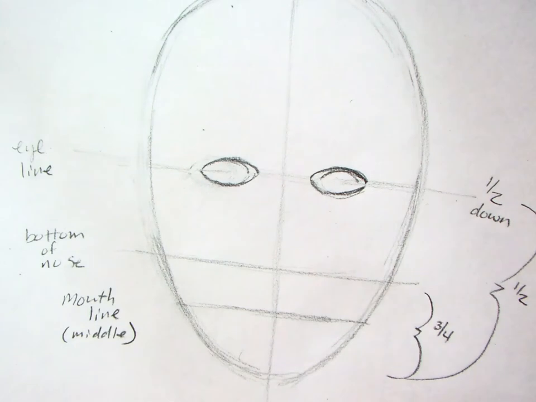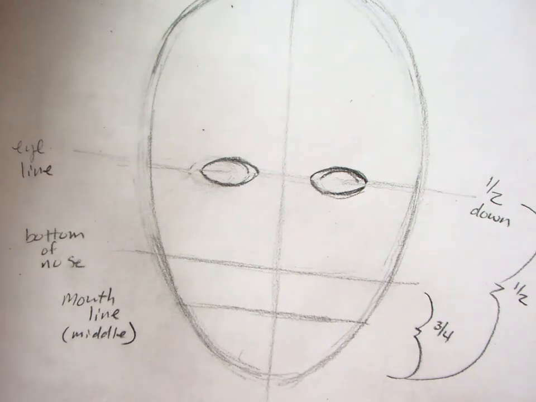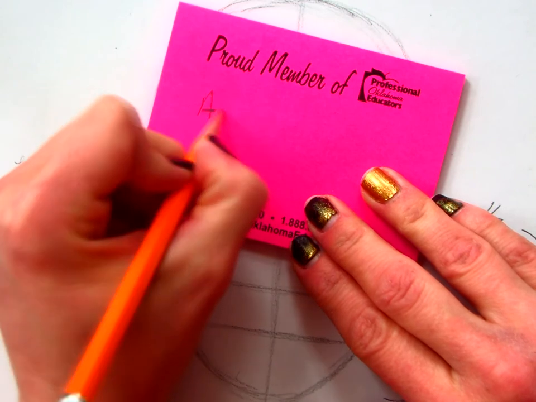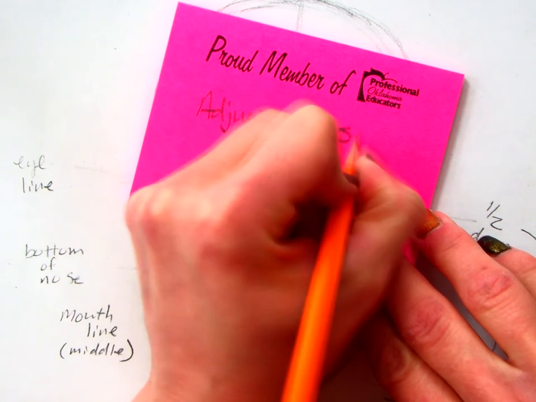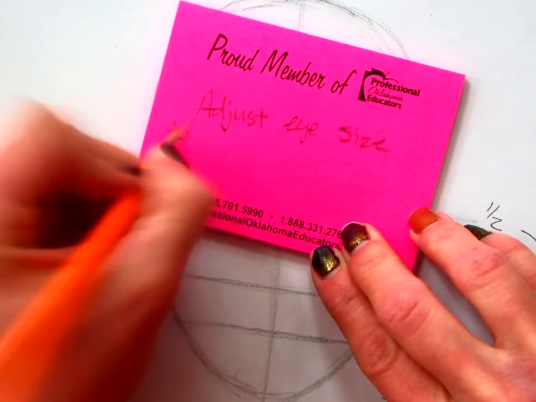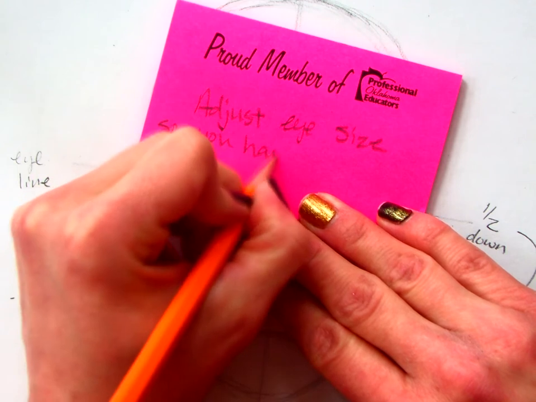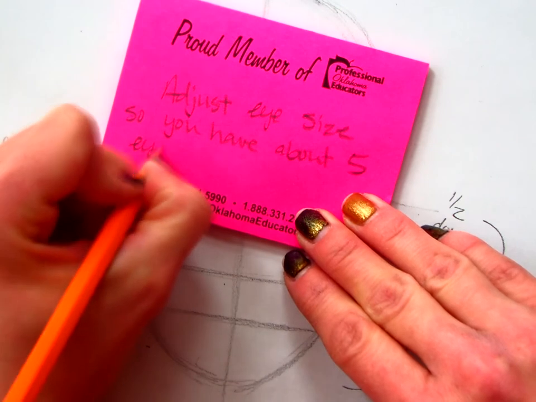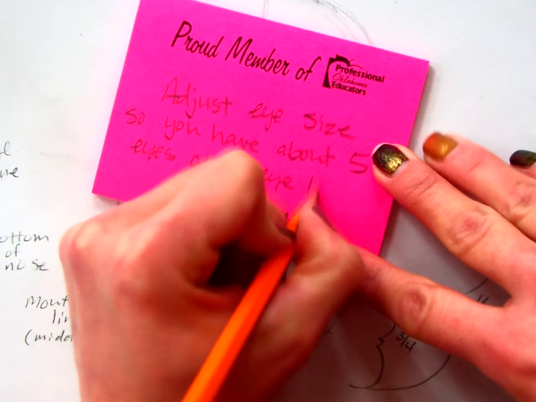For those of you that aren't paying attention to my voice and are just trying to do this without me: adjust eye size so you have about 5 eyes along the eye line.